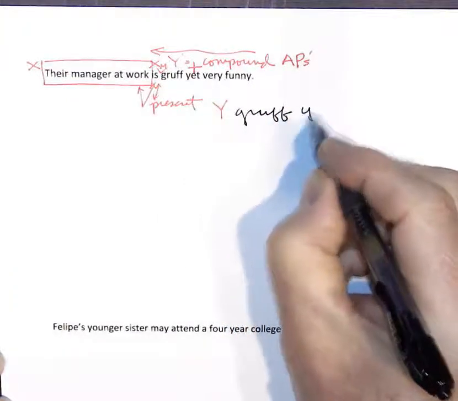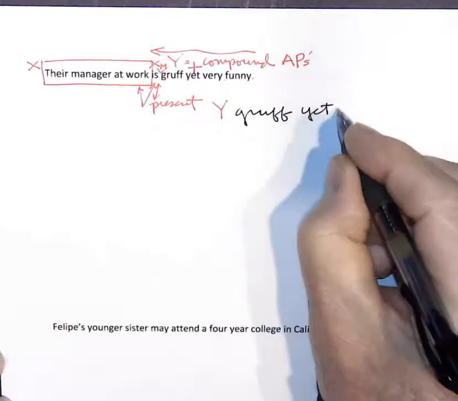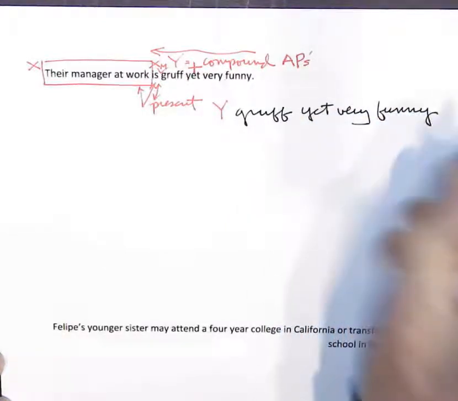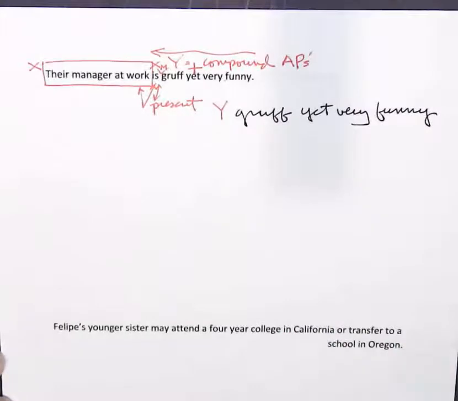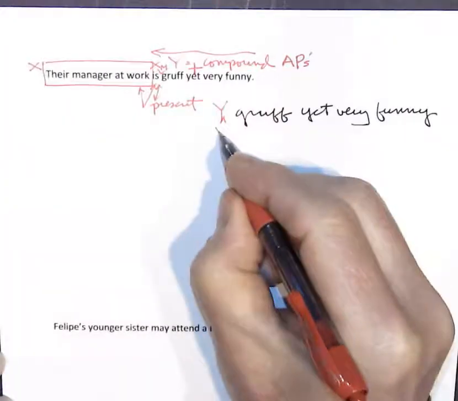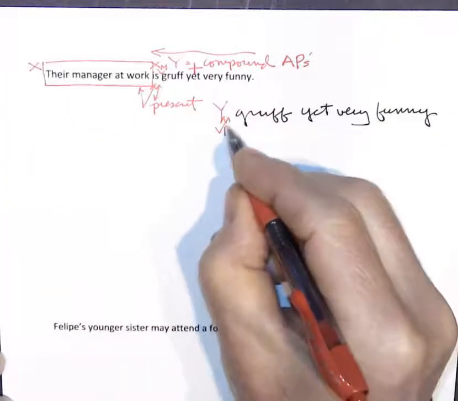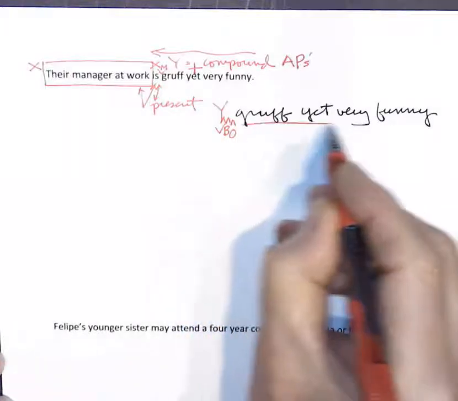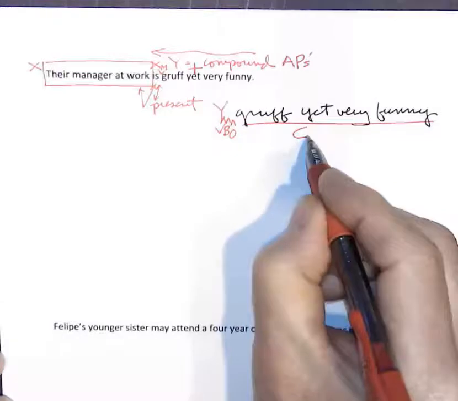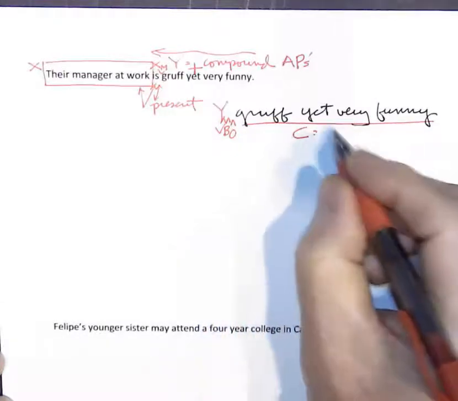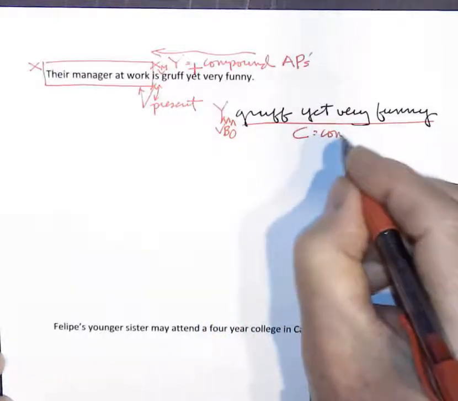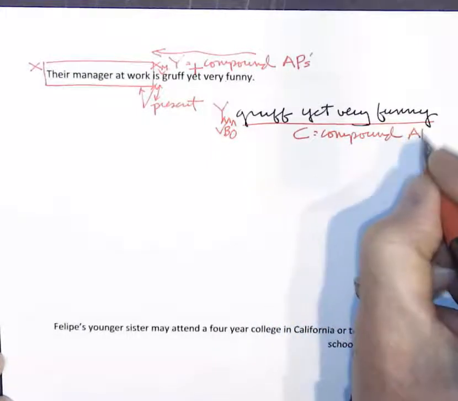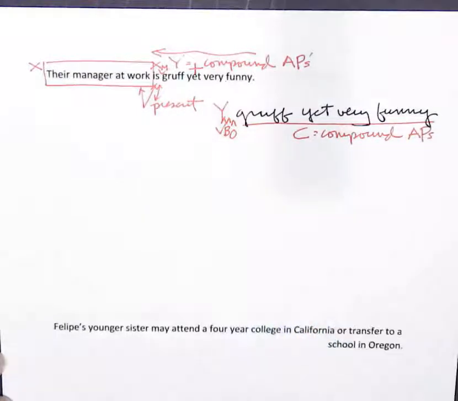Gruff, yet very funny. And I can show where the verb, particle, and object places are, and what the complement is. Complement is compound adjective phrases.